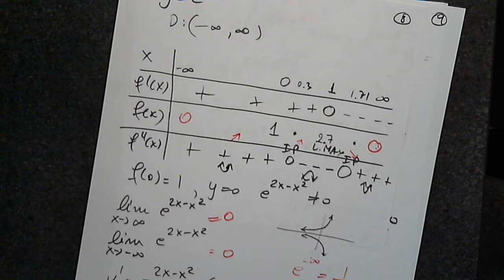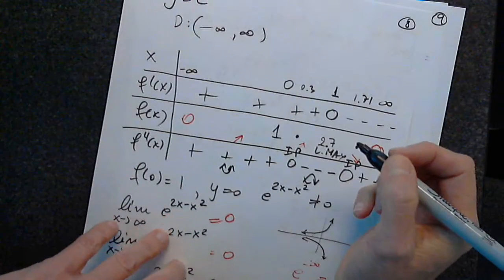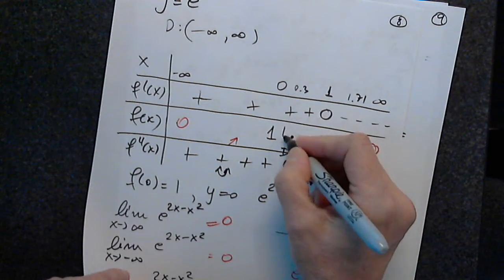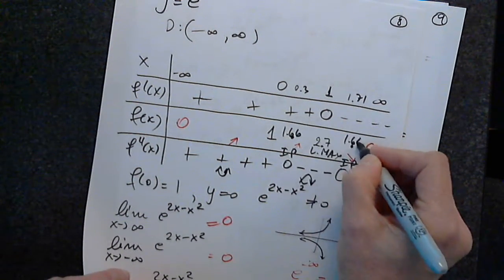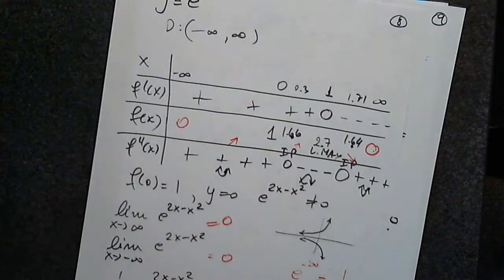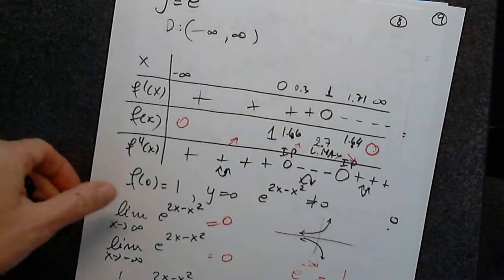And I want to plug in 1.71, approximately. So I get 1.66 and 1.64. Okay, so now we're ready to graph the whole thing.